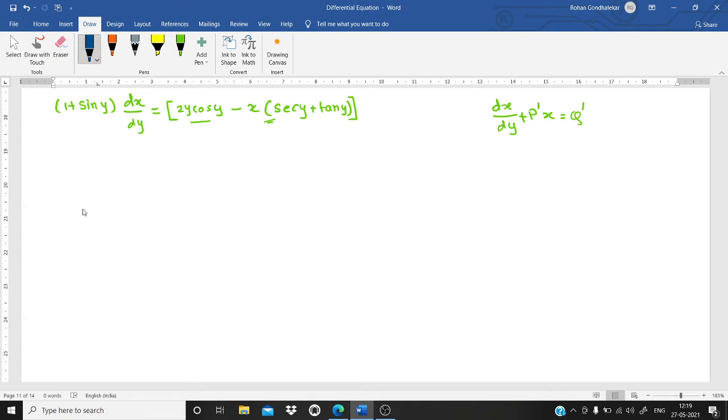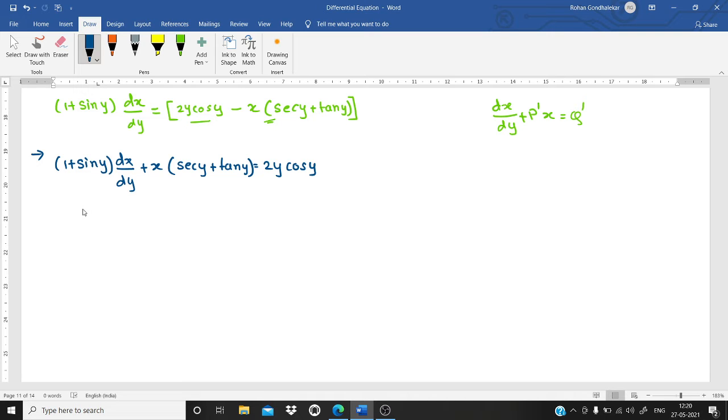So we rearrange the equation as (1 + sin y) dx/dy + x (sec y + tan y) = 2y cos y.